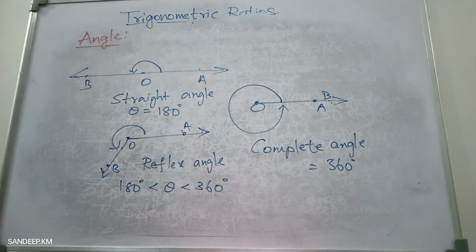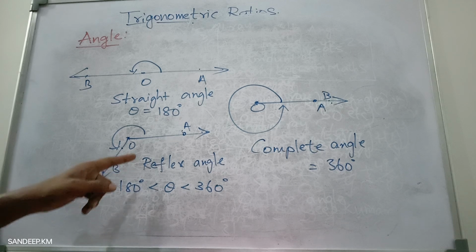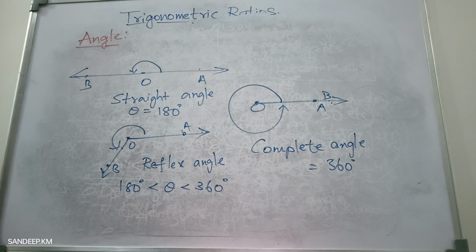As I was talking about angles, I am using a particular measurement called degree. If you want to measure an angle, you need some units for the angle. Already I have used one particular unit called degree. What we are going to discuss next is angle in standard position, and after that we will discuss different measures of angles.